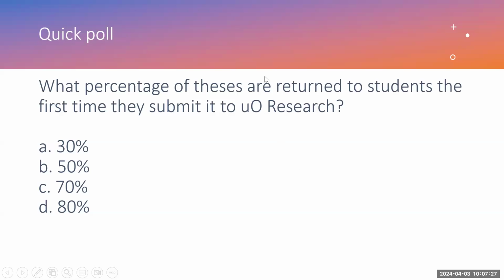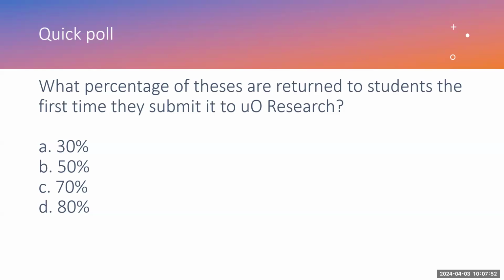And I'll leave just a few seconds here for you to put your guess in the chat. I'd say that the answers in the chat are actually pretty spread out between all of the options.